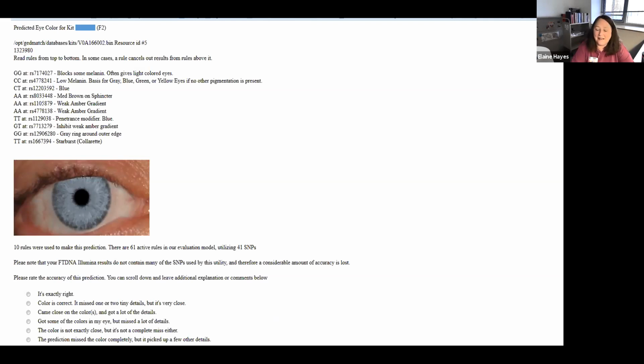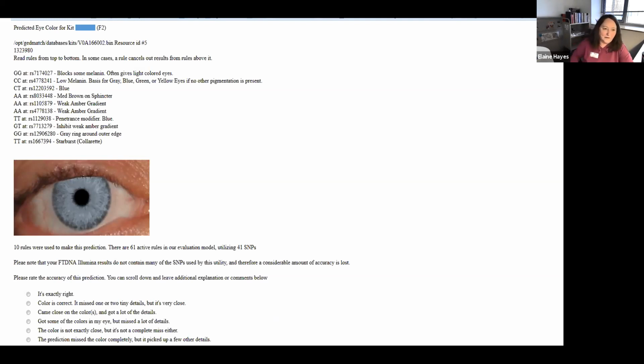This is my predicted eye color on GEDmatch, and it's kind of interesting because it's a lot more complicated than you think it is. It takes all these different areas that they're looking at to see what my eye color is, and it's not totally right.